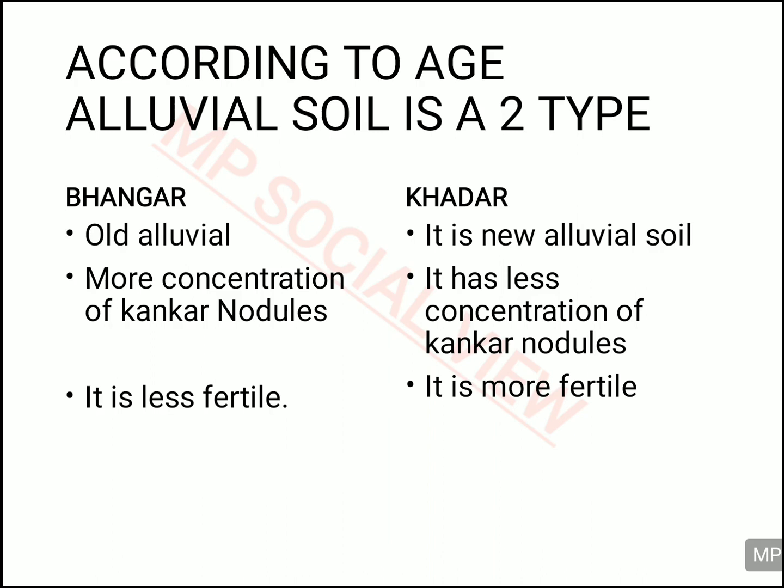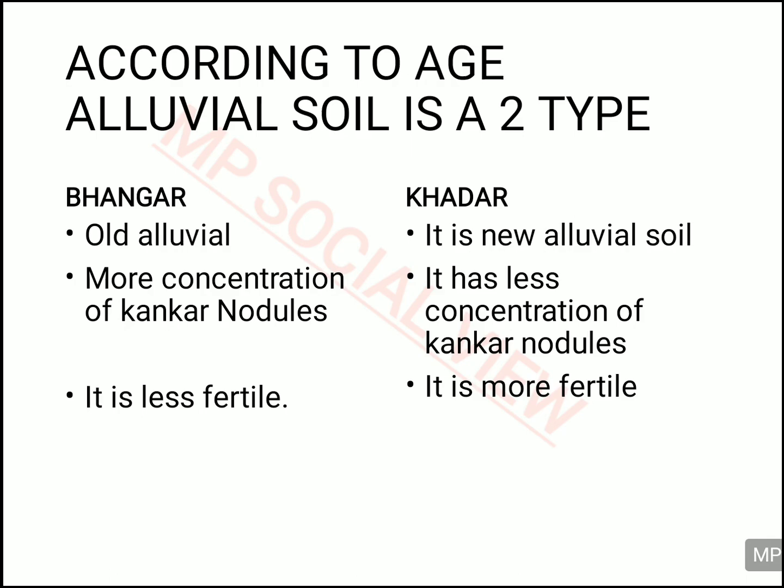The concentration of kankar nodules is more in the Bhangar area, which stops the filtration of water, and in the Khaddar area you have less concentration of kankar nodules. Because Bhangar is old alluvial soil, it is comparatively less fertile, and Khaddar is new, so it is more fertile for cultivation. So these are the differences between Bhangar and Khaddar, the two types of alluvial soil.